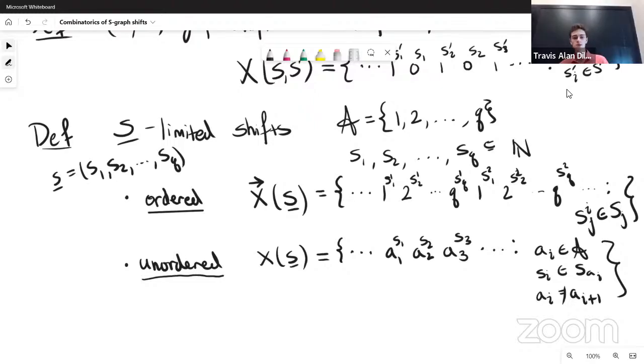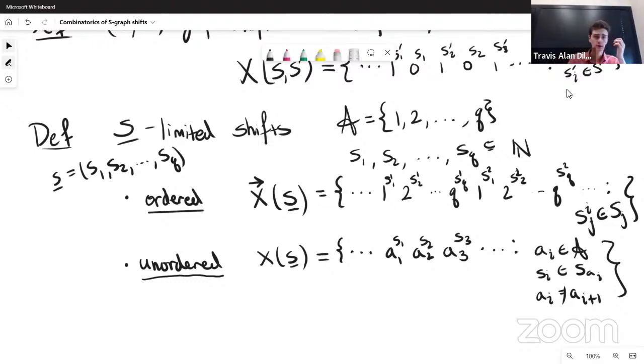So we've got these two different things, and again, in the unordered case, if you take q equals 2, then up to changing the letter names, this is exactly the same as S-prime graph shifts. So these are two different sets. It turns out that neither of them contains the other. So they're genuinely different.